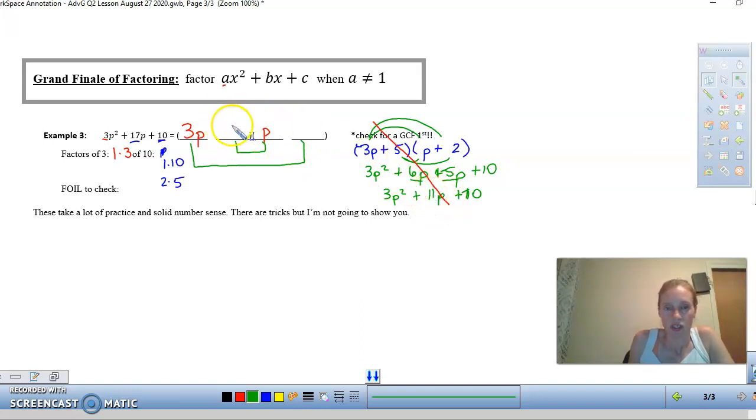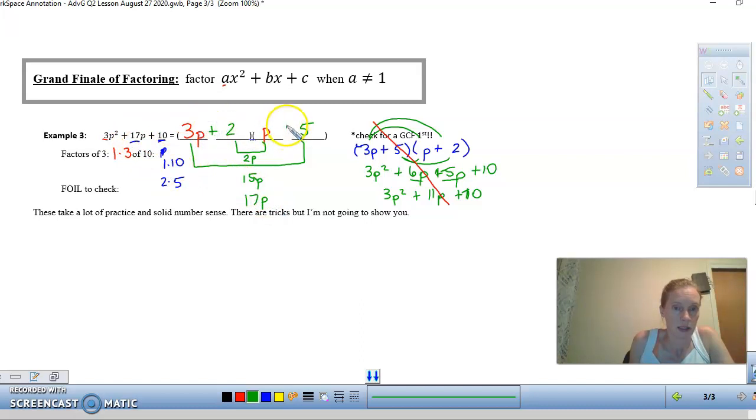So what I'm going to do is just flip-flop the 5 and the 2 and see if that helps. Now I have 3 times 5, which is 15p, and then 2 times p, which is 2p. When I combine like terms, that is 17p, which is exactly what I wanted.